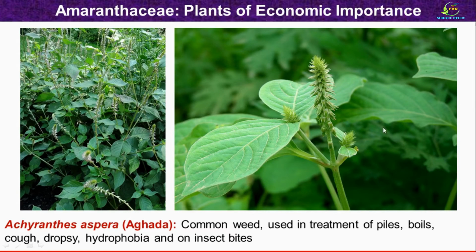This is another very beautiful photograph where we can see the stem as well as the leaves and inflorescence of Achyranthes aspera. Dear friends, as you know, it is a common weed and it is used in the treatment of piles, boils, cough, dropsy, hydrophobia and on insect bites. This aghada plant also has religious importance.